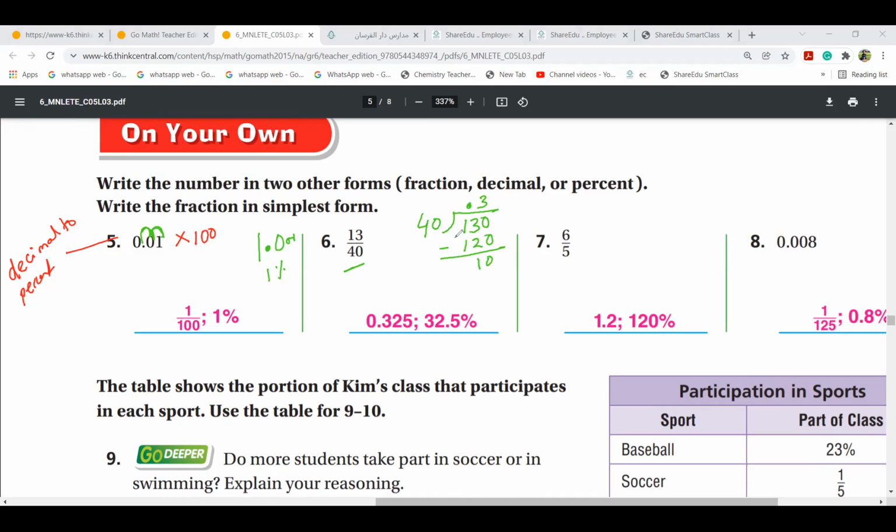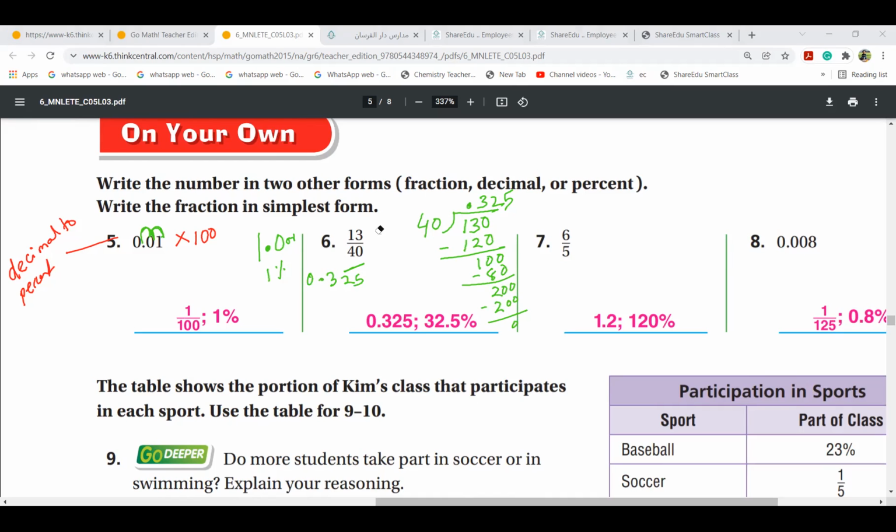I get 100 again, 0. 40 times 2 is 80. I get 200 again, 0. 40 times 5 is 200. So my answer is 0.325.